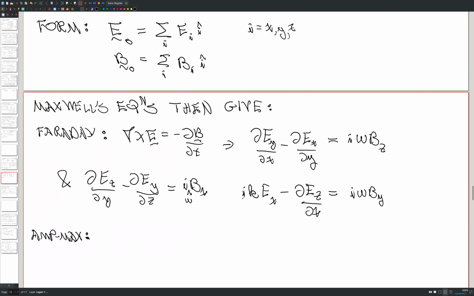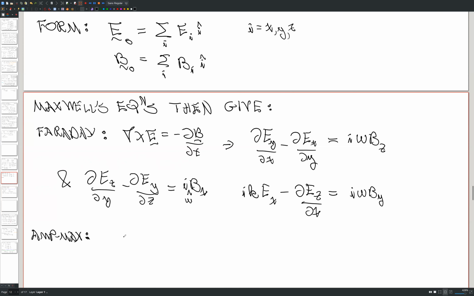I've got the curl of B. I'm writing the equations now inside the conductor. So there's no J. The only J is on the surface. I'm now looking inside the thing. So here I really just have the curl of B is related to mu 0 epsilon 0 dE/dt. So I'm just going to put that in there.